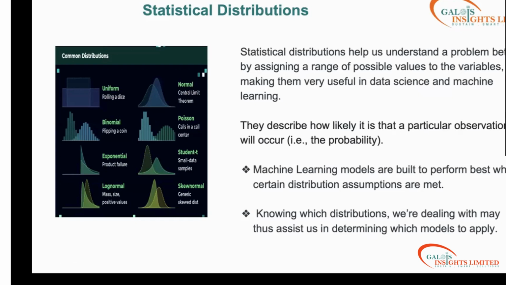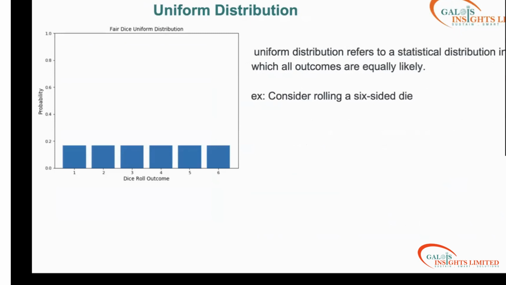Some machine learning models are built to perform best when certain distribution assumptions are met. So it's important to know the distribution of the data in order to see which machine learning model is good to apply.